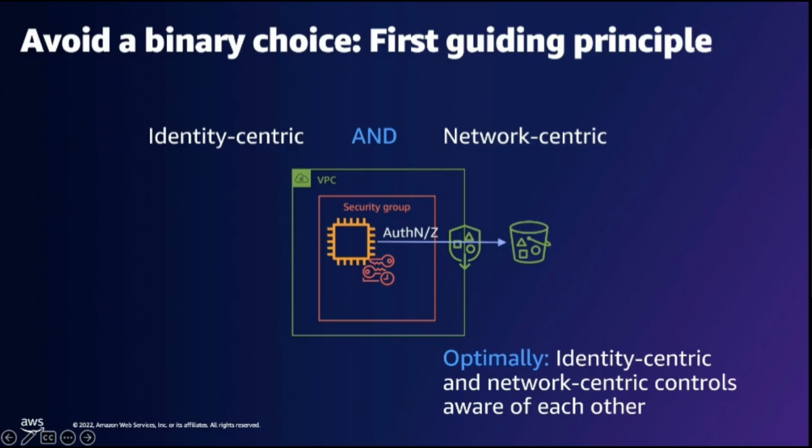In that policy, you can write conditions or rules and filter traffic. Anything else inside the VPC that is not defined in the endpoint policy will not be allowed to communicate with the S3 bucket. So just looking at this, you have identity-centric controls together with network-centric controls being aware of each other and working together to give you improved security for your applications running on AWS.